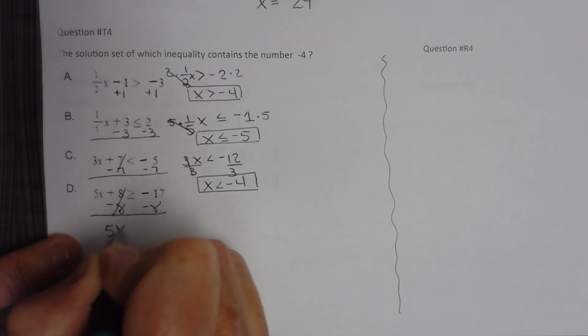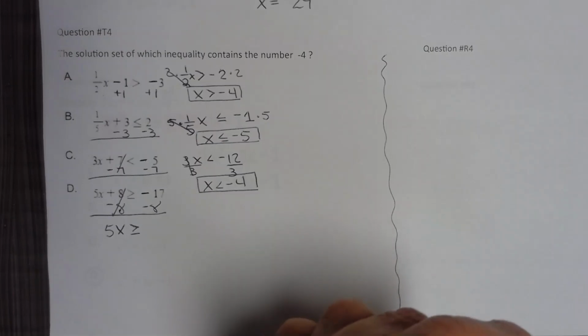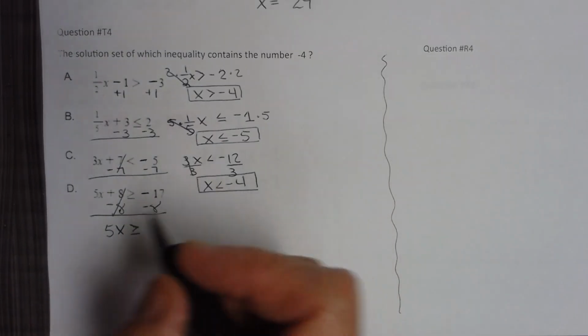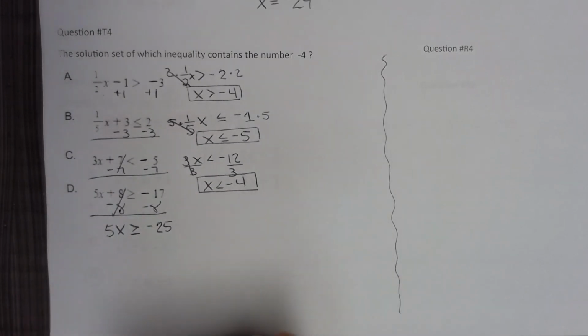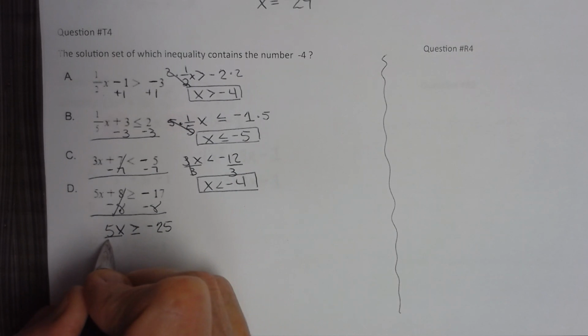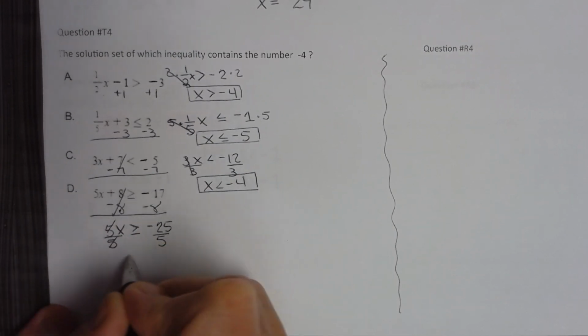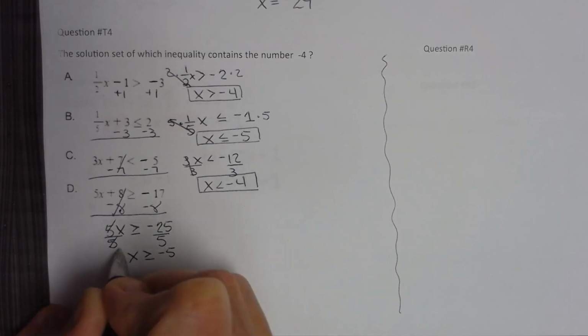Bring down your 5x. Bring down your inequality symbol. Negative 17 minus 8 is negative 25. Last step, we're going to divide both sides by 5. We get x is greater than or equal to negative 5.